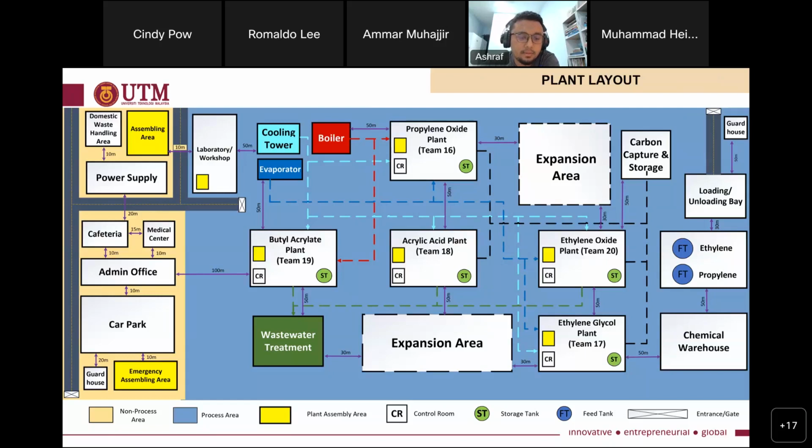Or you can put your scheduled waste near to your wastewater treatment, because normally the scheduled waste storage area needs to be equipped with a facility to capture any waste, and in case of waste runoff, it will be directed to your wastewater treatment plant. So maybe you can put this on the left bottom side.